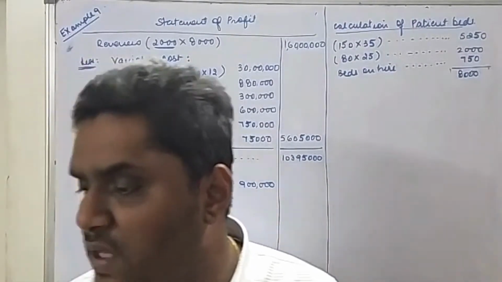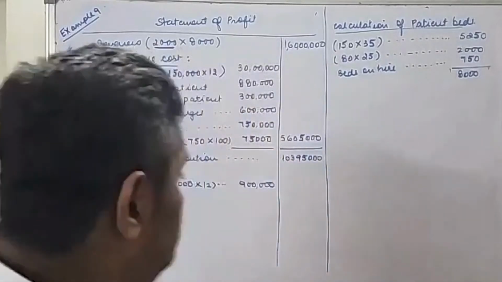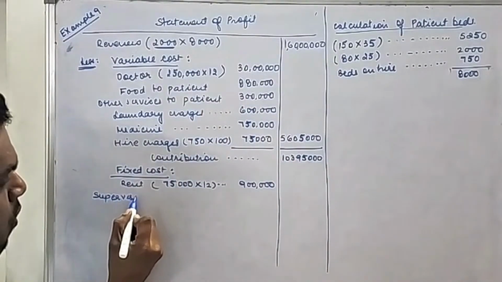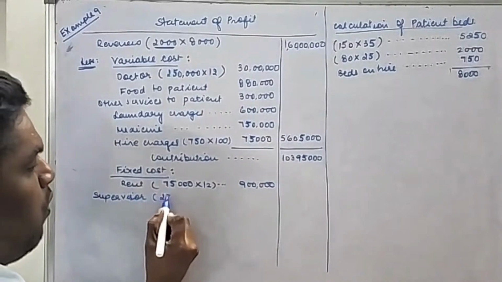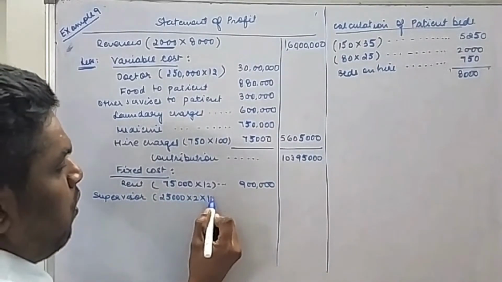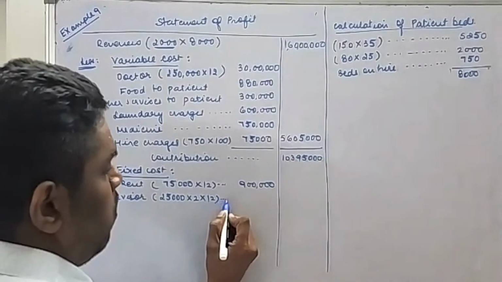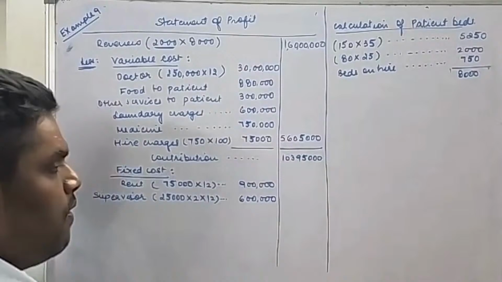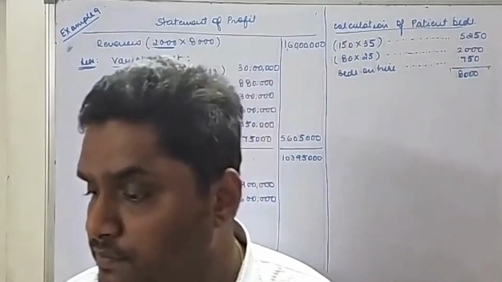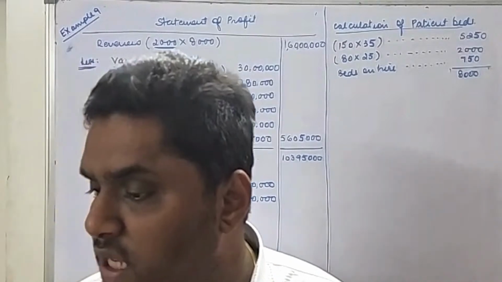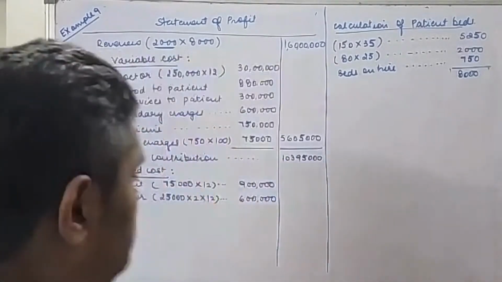Supervisor, it is 25,000 per month and 2 persons. Nurses are 4, at 20,000 per month.